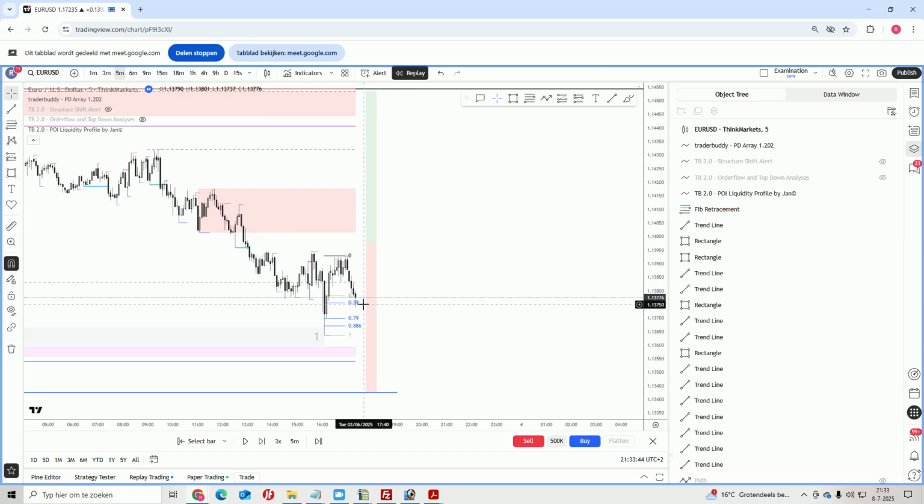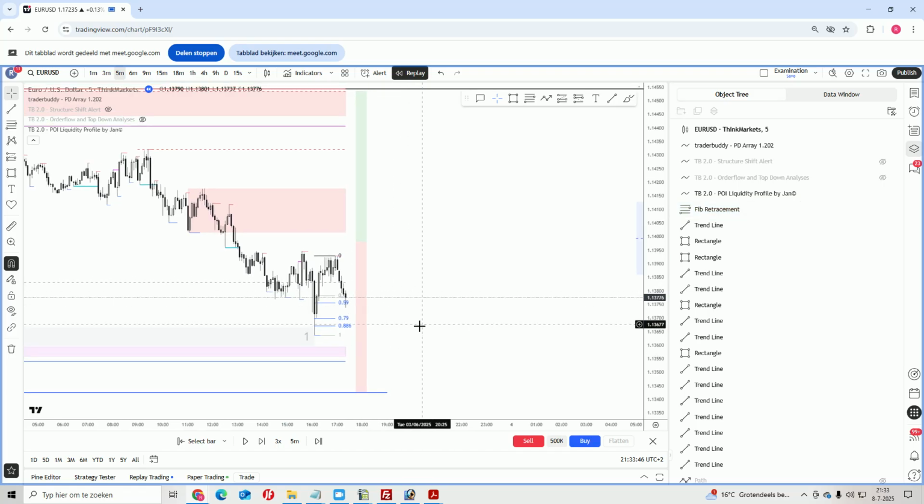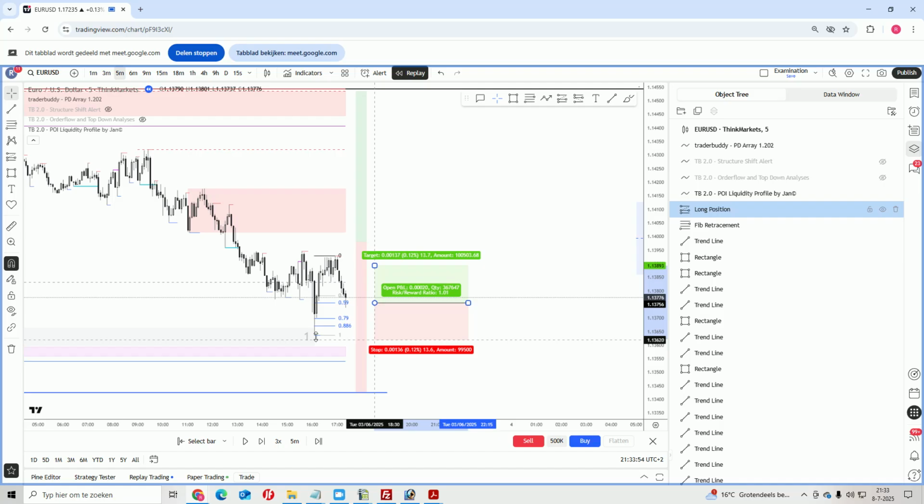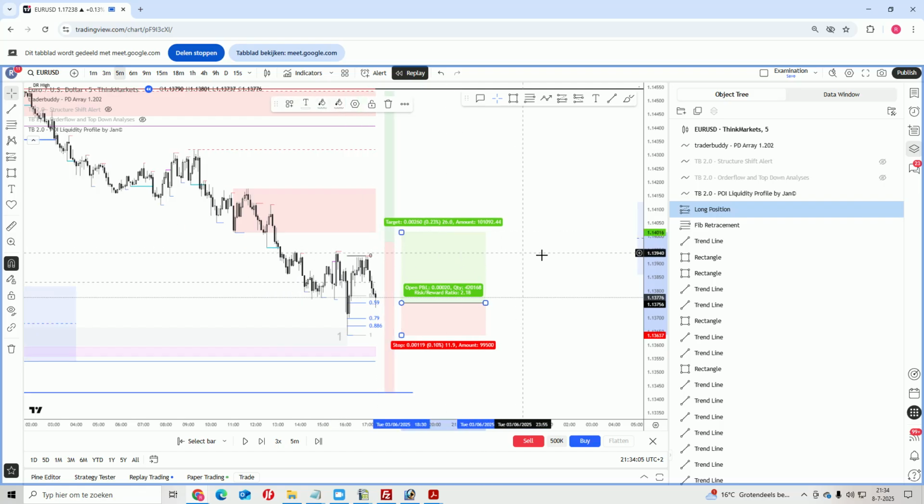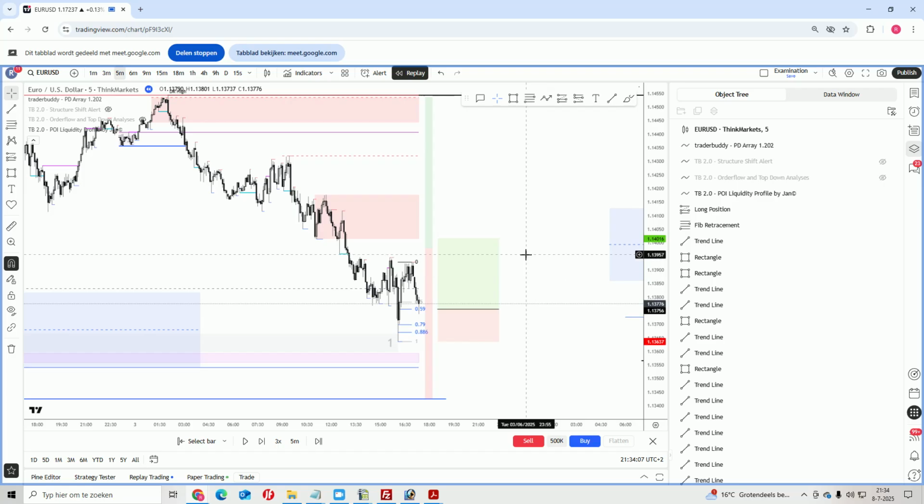So now we trade to the 59, and this is the zone where you enter a long, or at least you check if you put your stop loss here and you go to the next PD array, do we have some kind of a margin to go for a 3R or a 2R, whatever you want to trade.